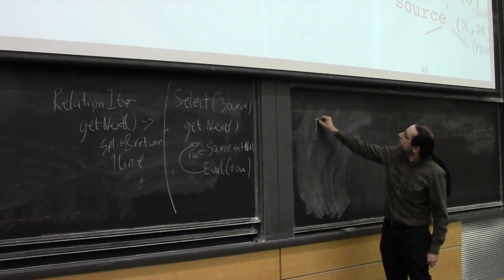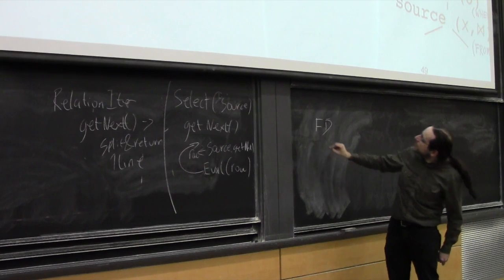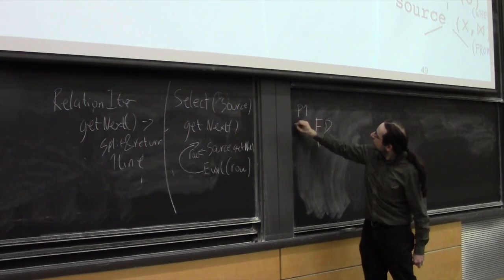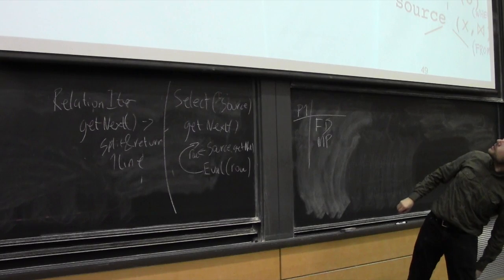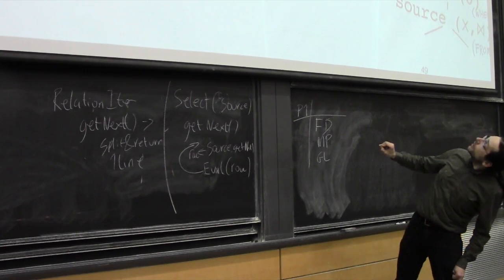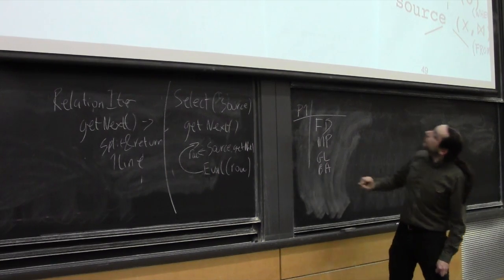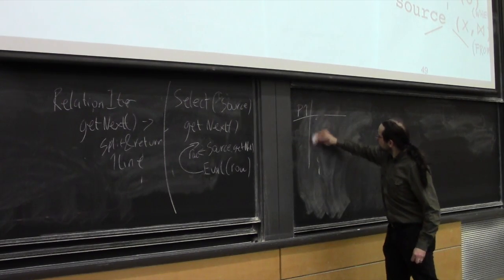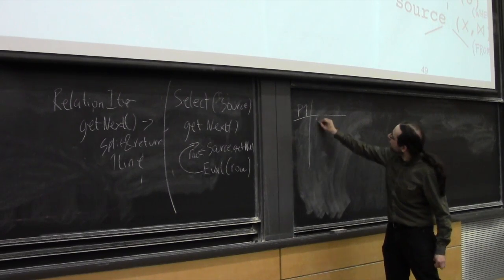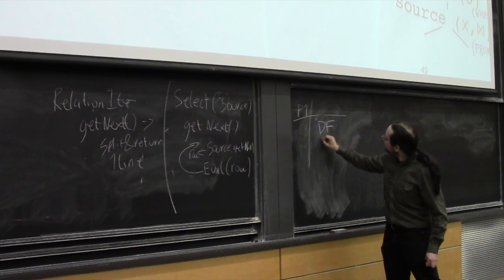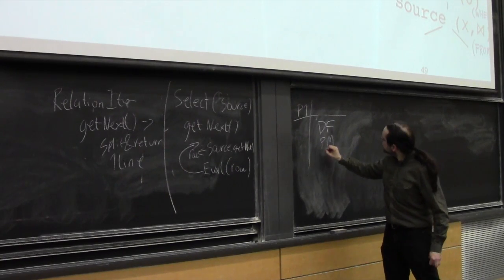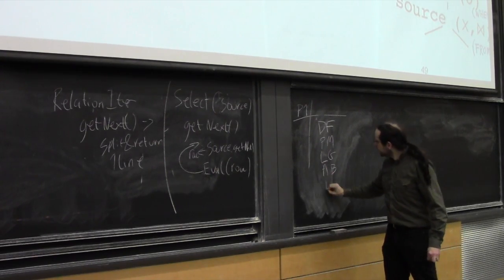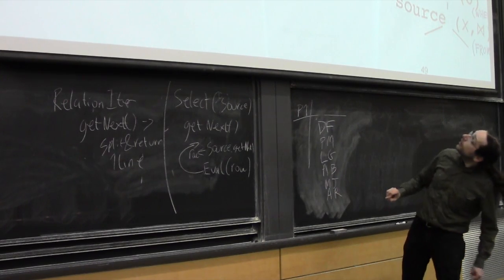So we've got FD, we've got MP, we've got GL, we've got PA, BF, PM, LG, AB, MJ, AR, and TS.